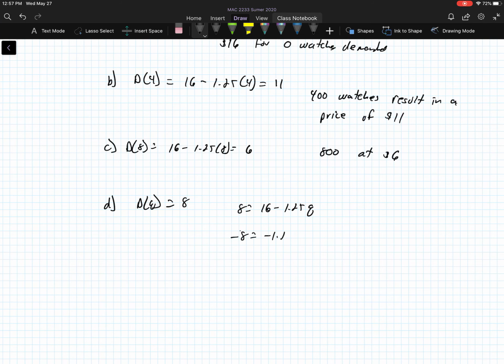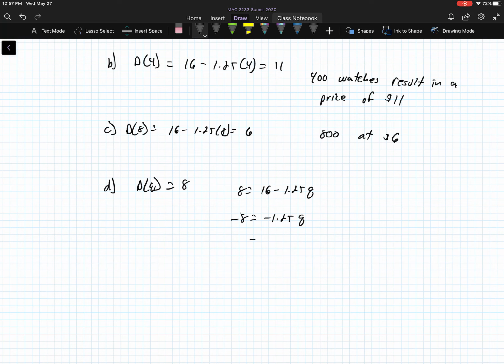Actually, I'm going to subtract the 16, which gives me negative 8 is equal to negative 1.25 Q. And then if I divide both sides by negative 1.25, I get that Q is 6.4. And so that means that at a price of $8, demand will be 640 watches.